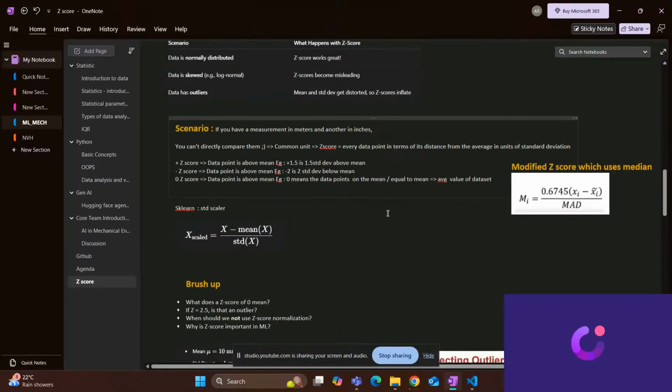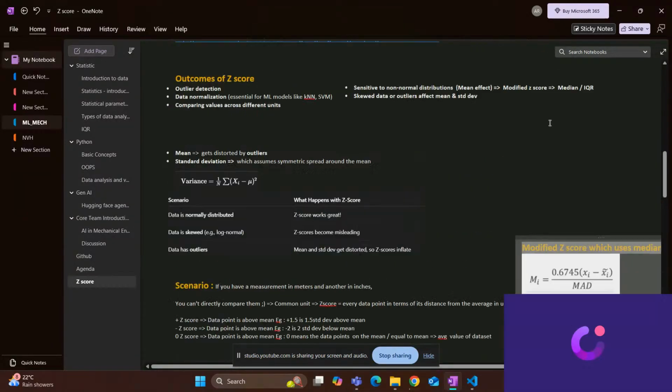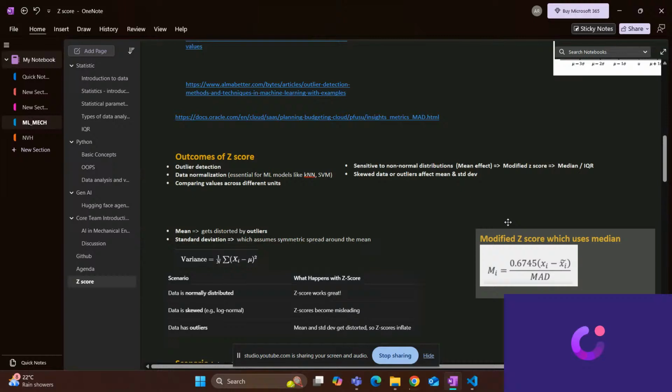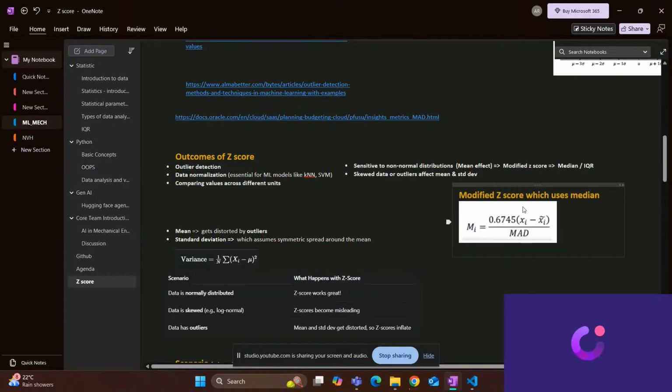Now, another point I'd like to highlight is the mean effect. If we don't want the mean to be taken in the z-score, we can use the modified z-score. The modified z-score uses this particular formula, where MAD is the mean absolute deviation. We can calculate that, and then calculate the median-based modified z-score.